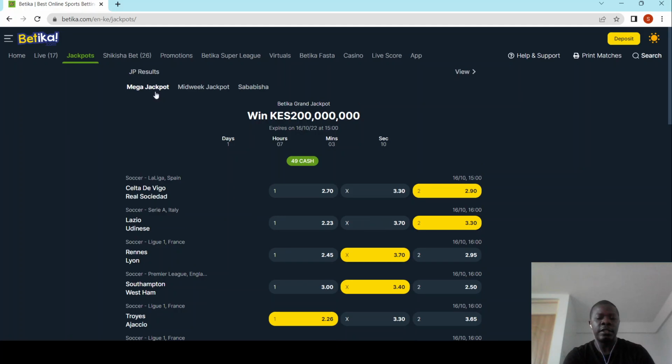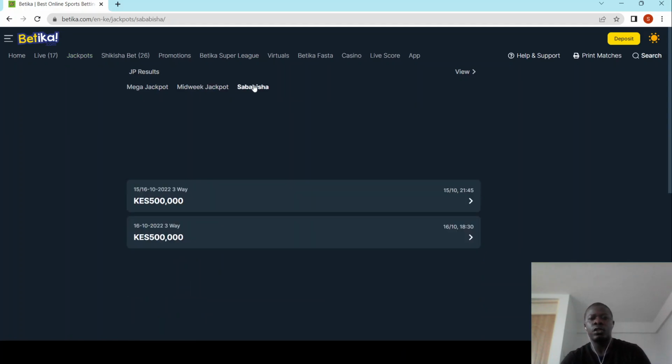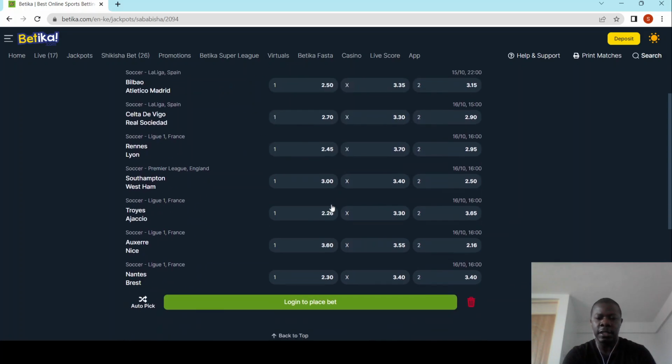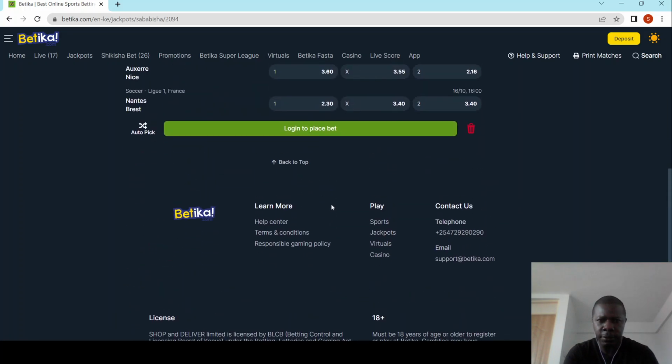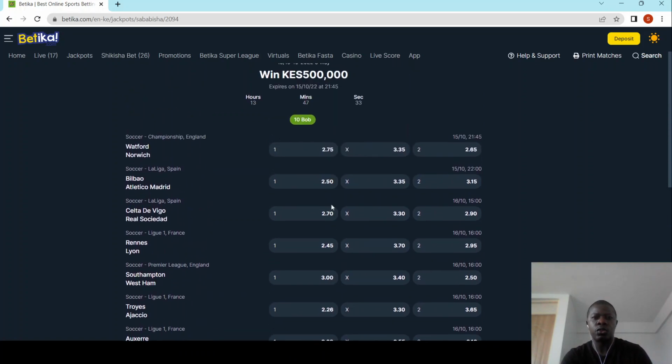So for these guys, they have mega jackpot, there's midweek jackpot, which works in similar ways, and there's also Sababisha. Sababisha is basically some 8 games, I think 7 or 8 games, that these guys have chosen, where you predict the correct outcomes and place a bet of 10 shillings.